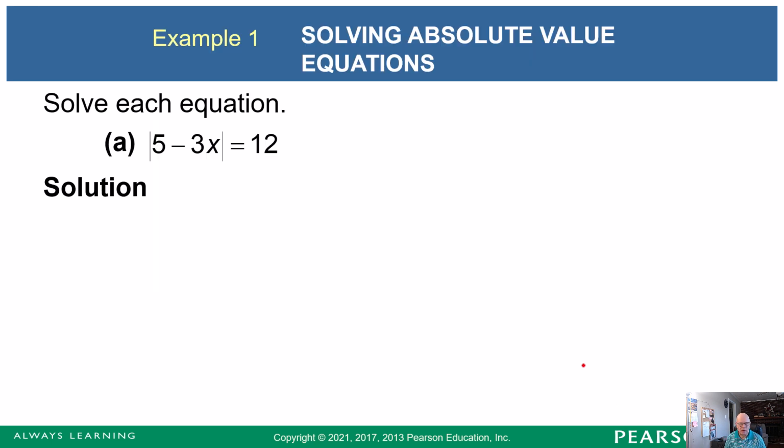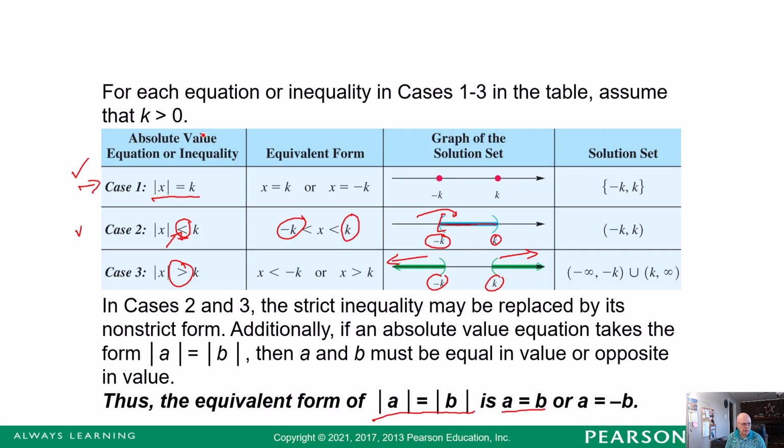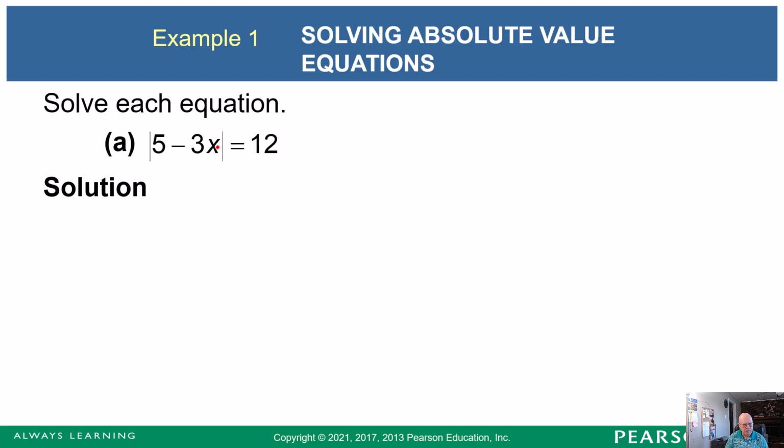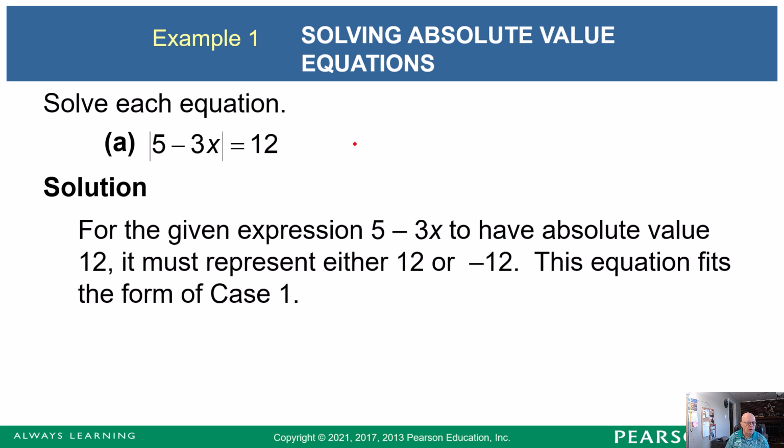So let's solve this one. Notice it's an equal, so it'll be case 1. So what do we have? It has to be either 12 or negative 12 inside the absolute value.